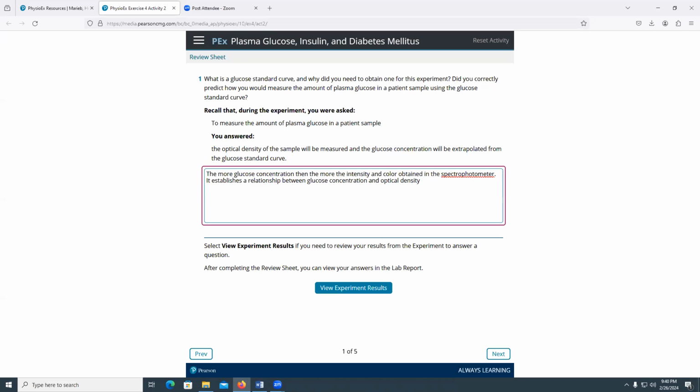And then the other part says, did you correctly predict how you would measure the amount of plasma glucose? The optical density of the sample would be measured and the glucose concentration would be extrapolated. Yes, I did. That's exactly what we did.